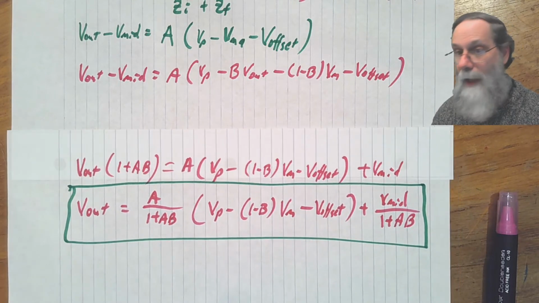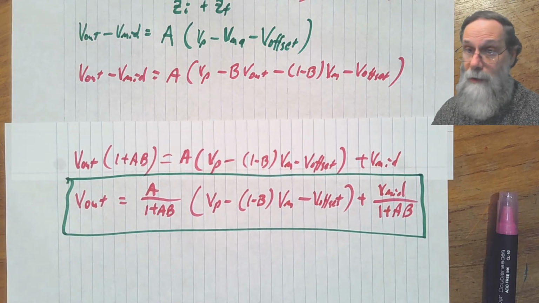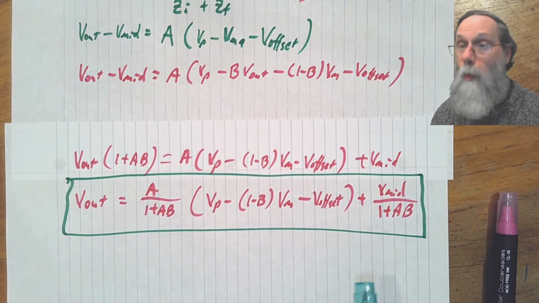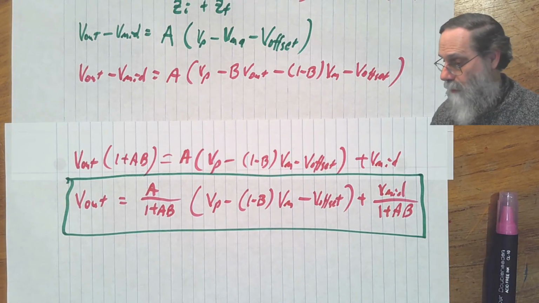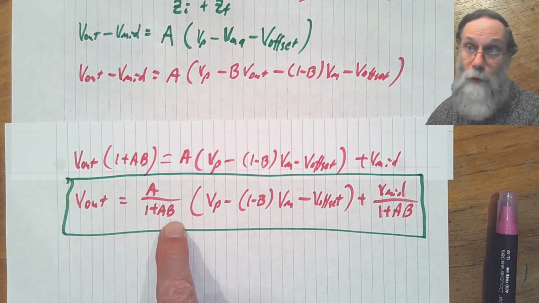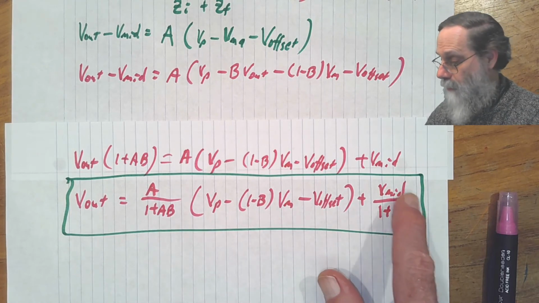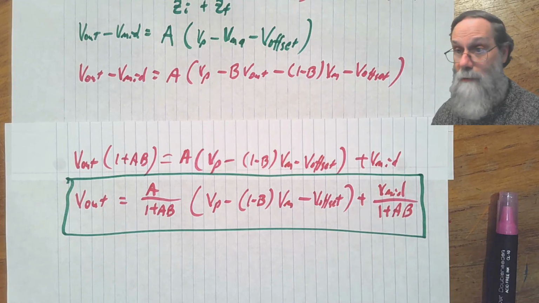Well, as A goes to infinity, AB goes to infinity, and 1 plus AB is basically just AB. So this A over 1 plus AB will go to just 1 over B. And this V mid over 1 plus AB is basically going to go to 0.